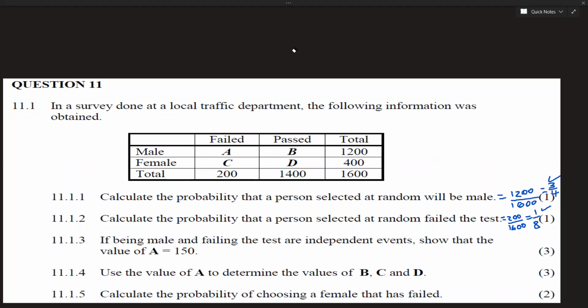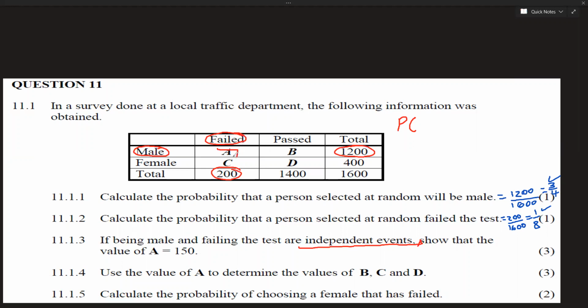So let's use a different color here. Sharp. So they say, if being a male and failing a test are independent events. Remember, I said, if you hear the word independent, the formula that comes to my mind is this. So I'm comparing male and failed, right?